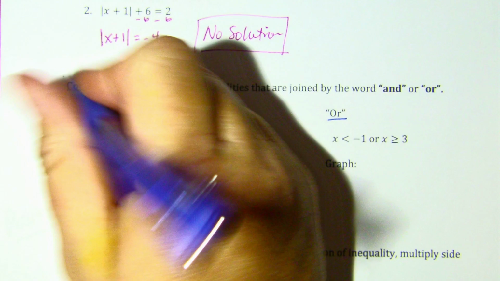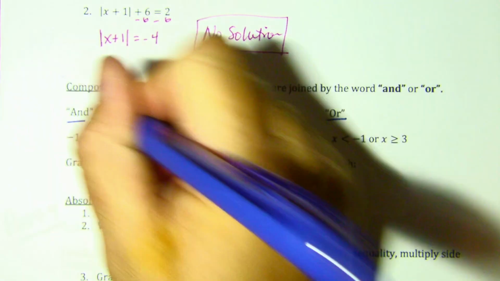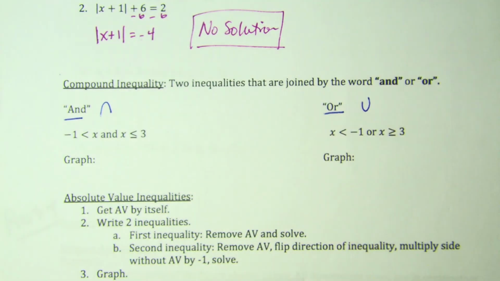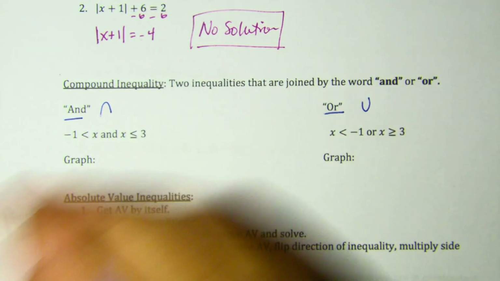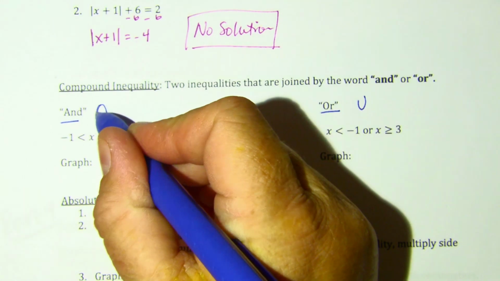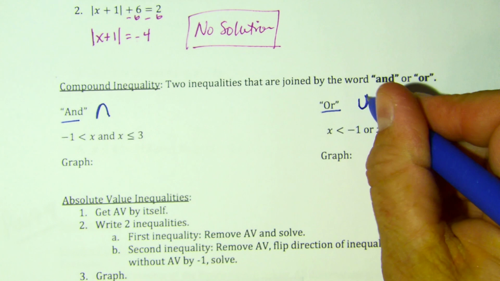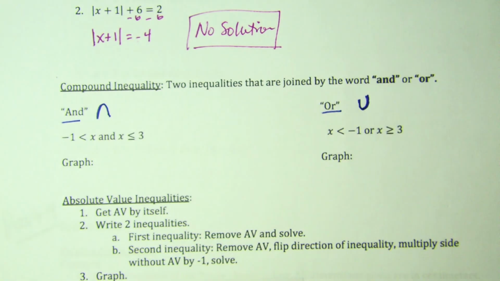And is like the intersection, or is like the union of sets. So intersection, meaning it needs to be true for both of them. Union is either one, or kind of squished together was the term that I used in those videos.